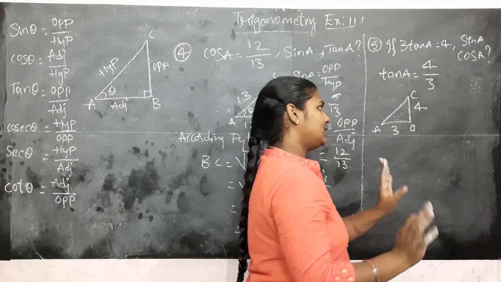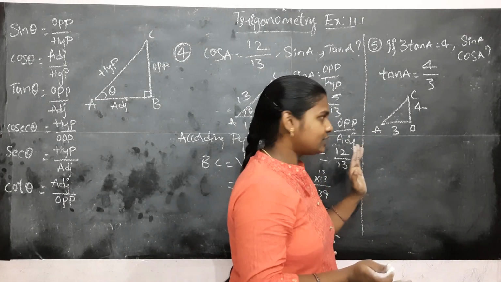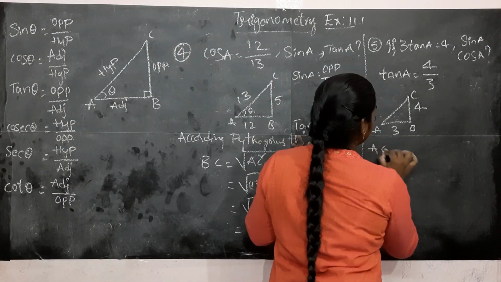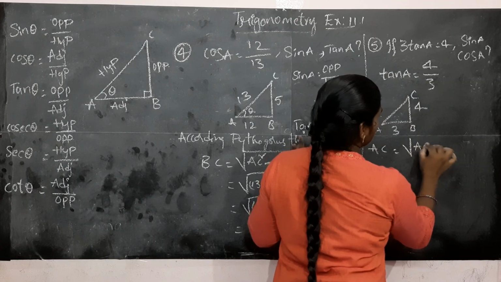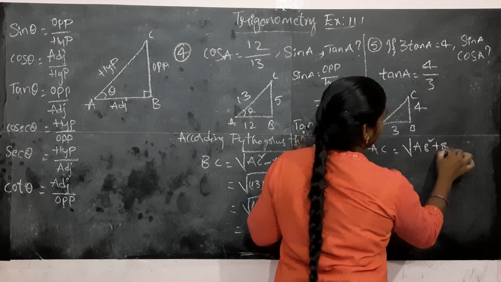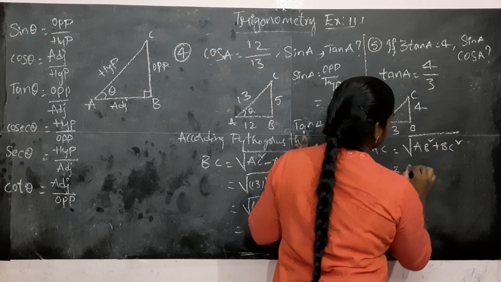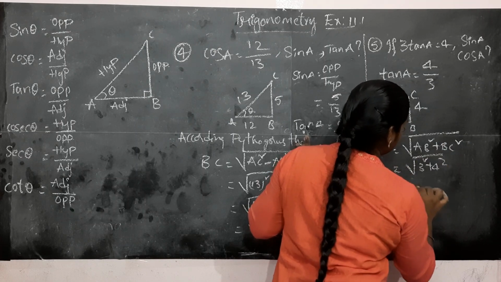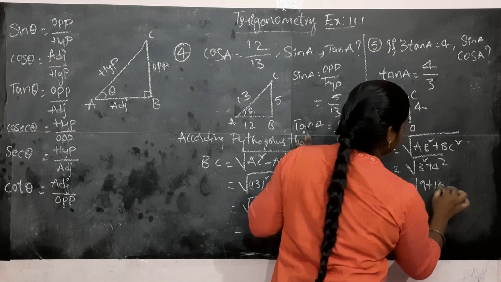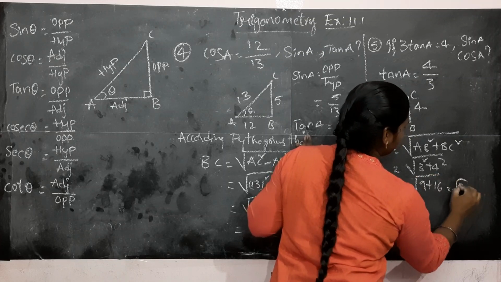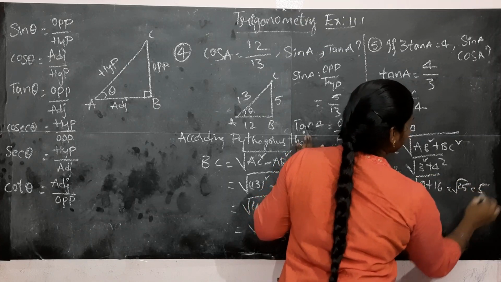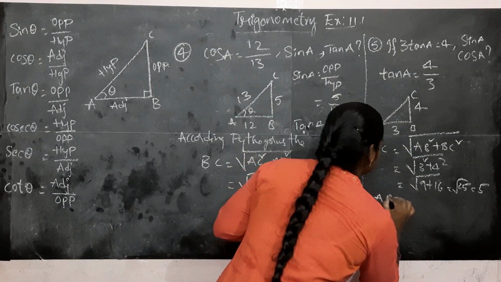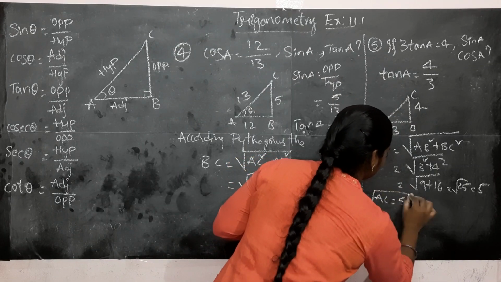AC is equal to the square root of AB square plus BC square, which is 3 square plus 4 square, 9 plus 16, 25, which in turn results as 5. So AC is equal to 5.